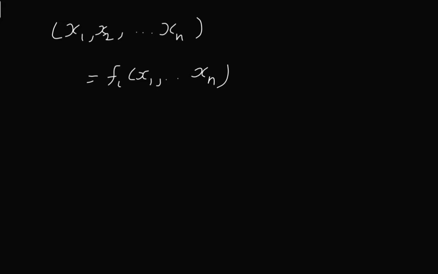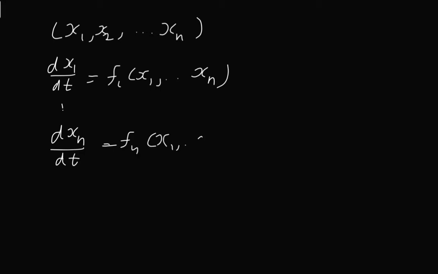This f1 is the rate of change of variable x1. Therefore you can write dx1 over dt, the rate of change of the variable x1. Similarly you can write down up to dxn over dt equals fn of x1 to xn. N differential equations, actually a system of differential equations. So x1 to xn is in S.